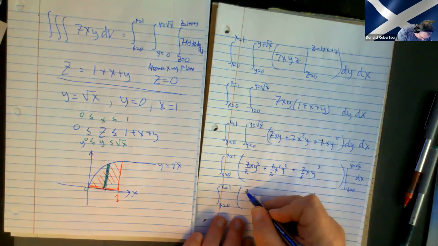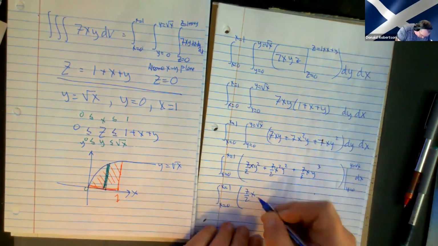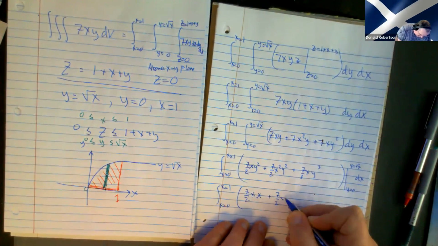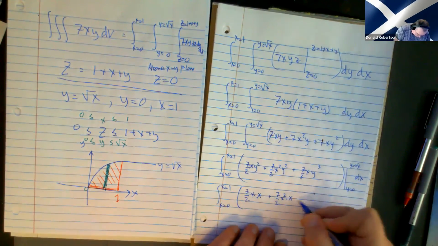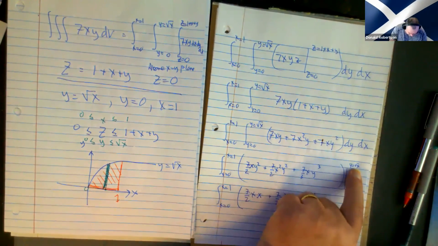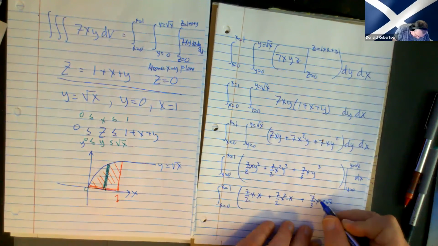So what's that going to be? It's going to be 7 over 2 x. If you square the square root of x, you just get another x. And it's going to be 7 over 2 x squared. And if you square that guy, you just get another x. And then the ugly one at the end is that when you take this guy and you cube him, you're going to get an x square root of x. Yes.